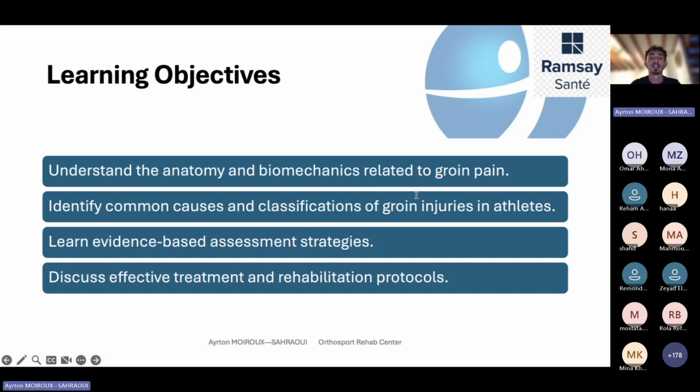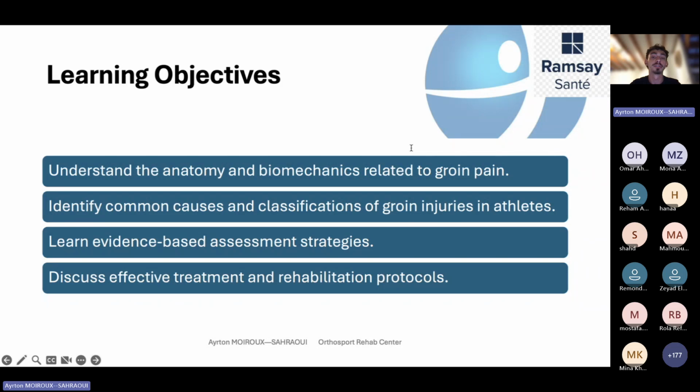By the end of this session, you will be able to understand the anatomy and the biomechanics, recognize the key muscles, joints, and nerves involved in groin function, and appreciate how their interplay contributes to both normal movement and injury.